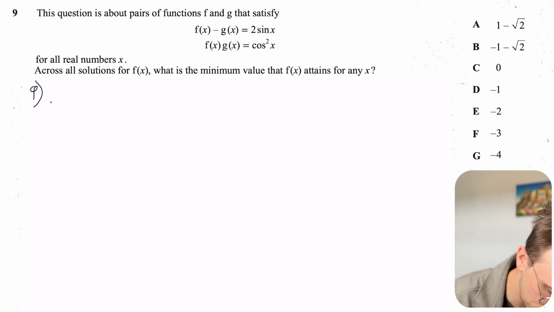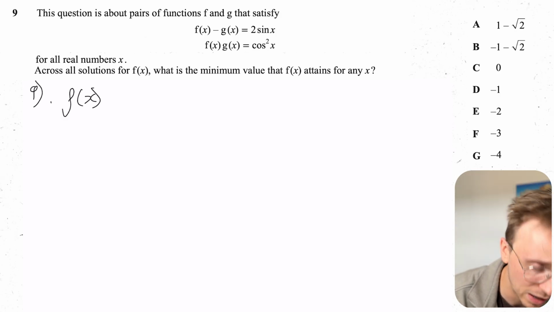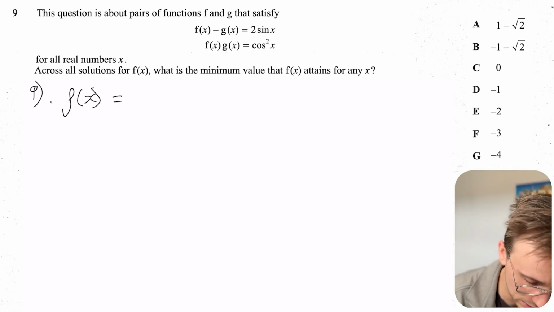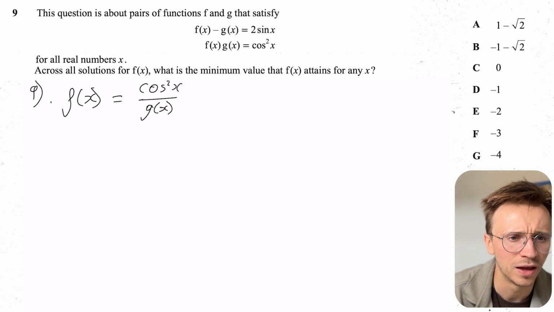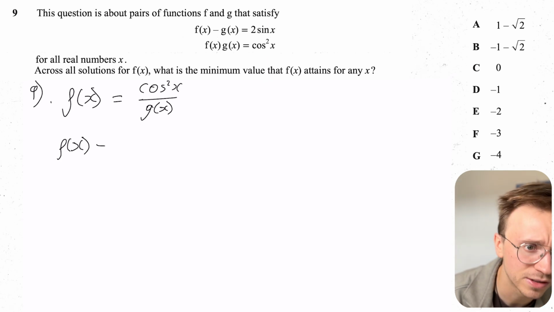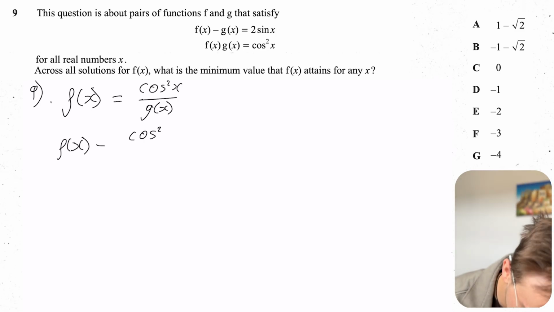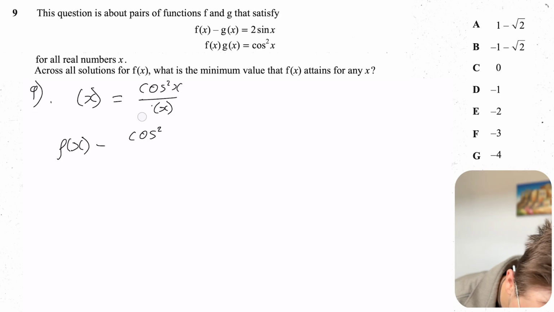So let's see if I can rearrange for f of x in some way. f of x equals cos squared x over g of x, and then f of x minus, sorry, I rearranged that the wrong way. The top one should have been g of x equals... I want to get rid of g of x.